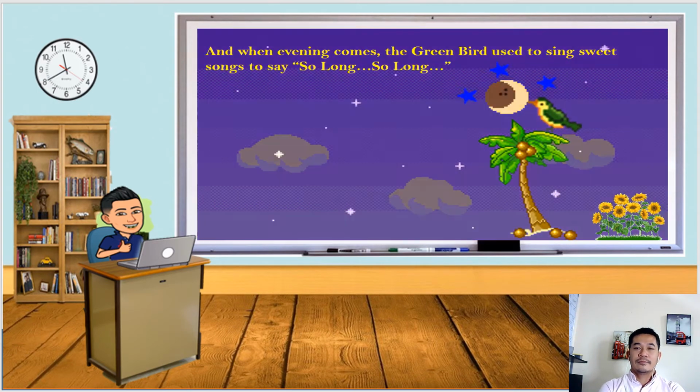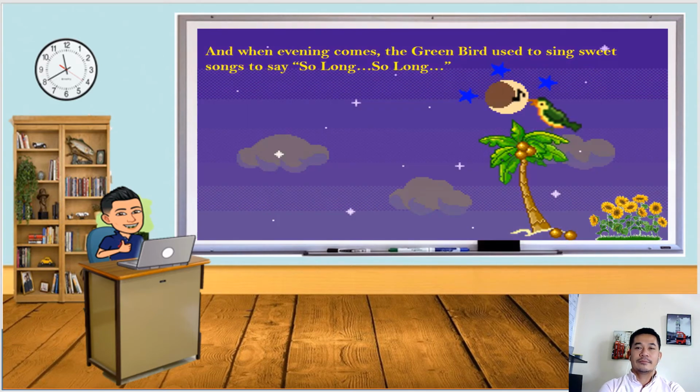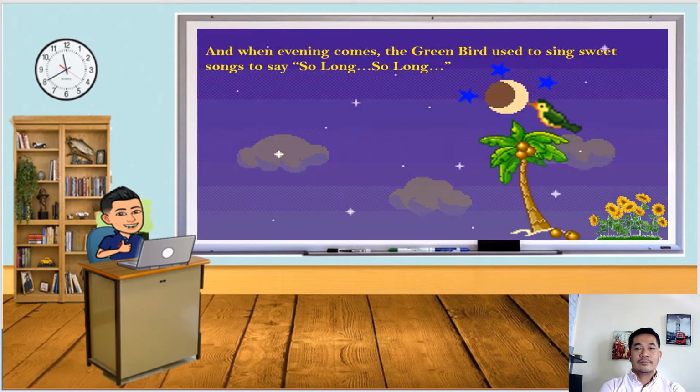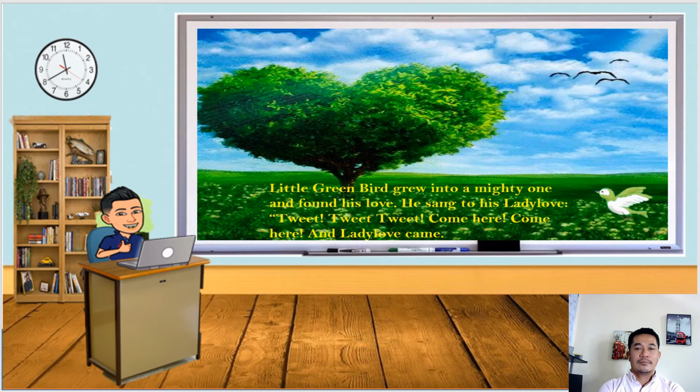And when evening comes, the green bird used to sing a sweet song to say so long, so long. Little green bird grew into a mighty one and found his love. He sang to his lady love, wait, wait, wait, come here, come here. And lady love came.